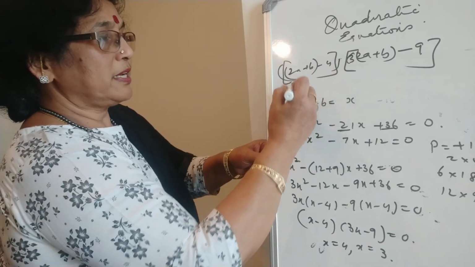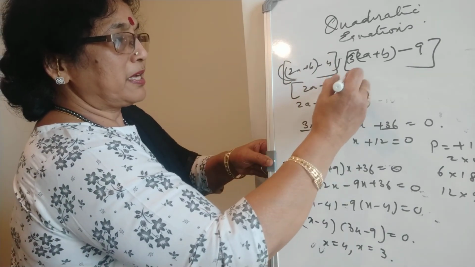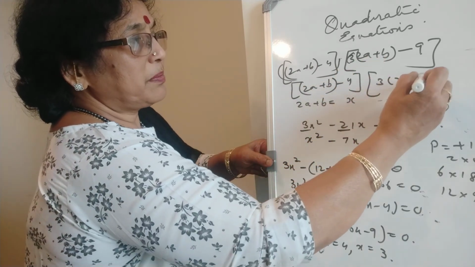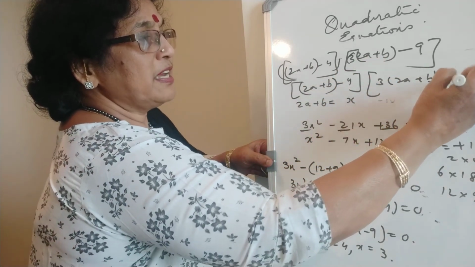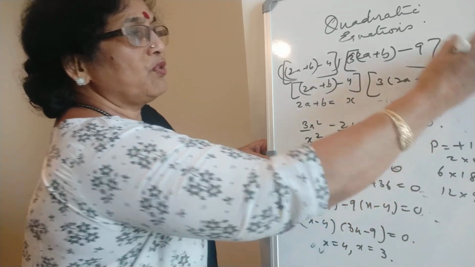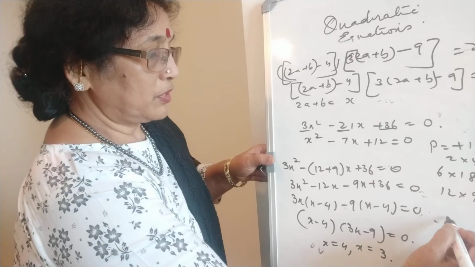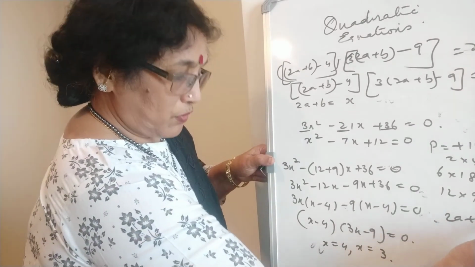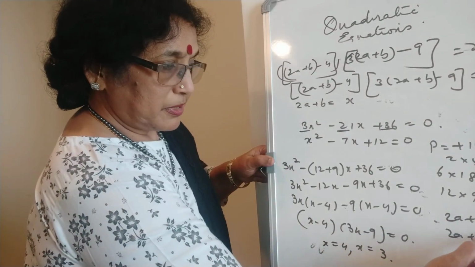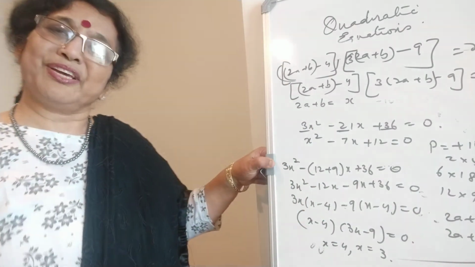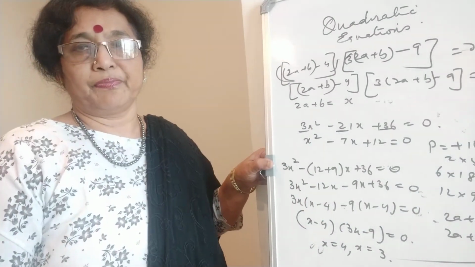So I write again 2a plus b minus 4 and in square brackets 3 times 2a plus b. If you're factorizing, you have to write like this. Here you don't have to write it, because you have no x, and what is x? 2a plus b is 4, and the other one is 2a plus b is 3. Therefore, you can solve with simultaneous equations to get the values of a and b.